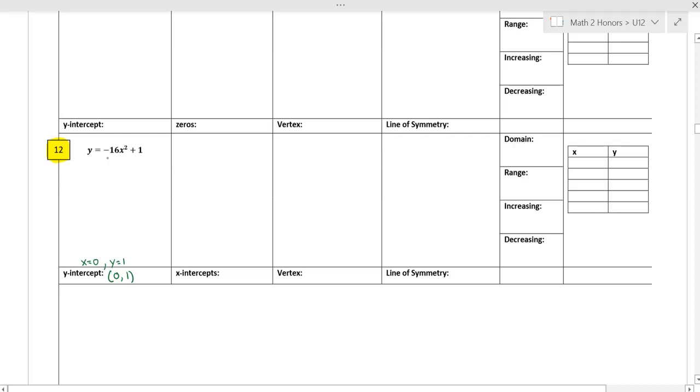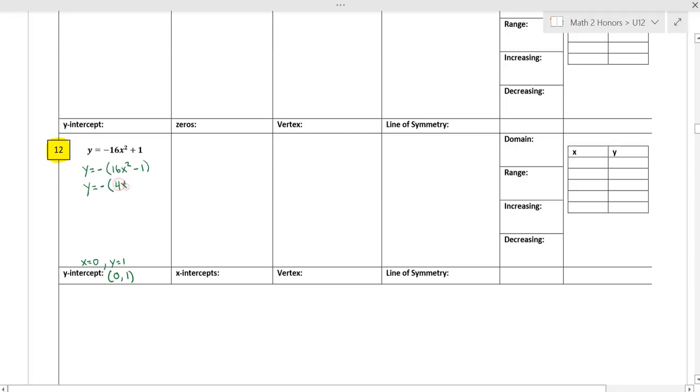Then I'm going to factor this. I'm going to first factor out a negative 1, and I'm left with positive 16x squared minus 1. Notice this is a difference of two perfect squares. 16x squared is 4x times 4x, 1 is 1 times 1, and there's a minus sign in between them, so I can factor using the shortcut for a difference of two squares.